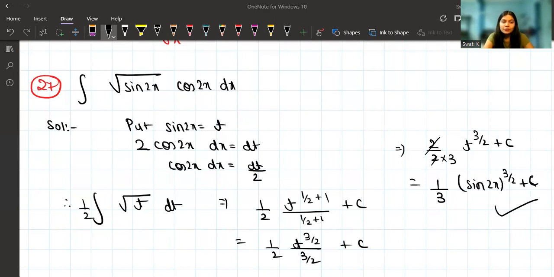Now let's move to the 29th question. Okay, I just want to see how many questions we have. And then I will tell you how many questions I'm going to do. So we have total 39 questions. So what I'm going to do, I am going to basically solve till 30th question. For the rest 9, I think I have to make the third part of the video as well. So yes, no problem.